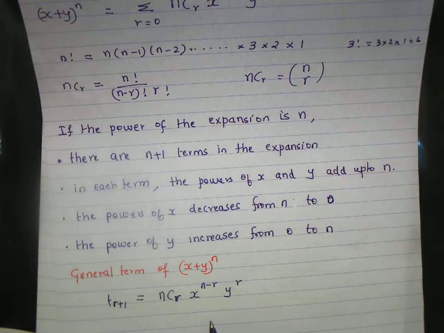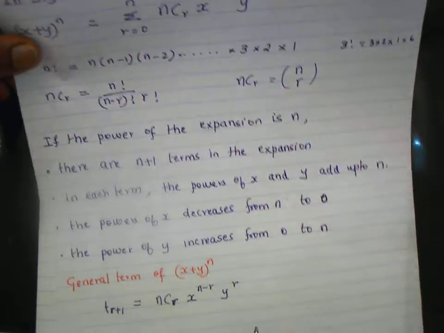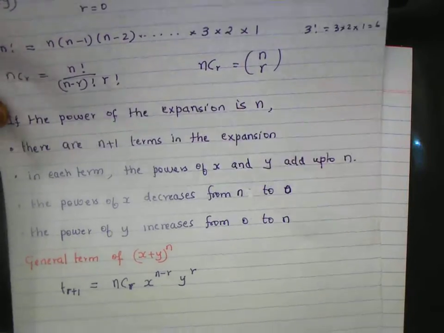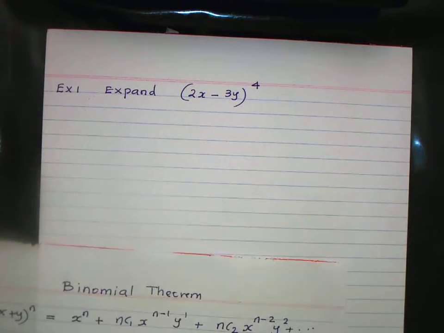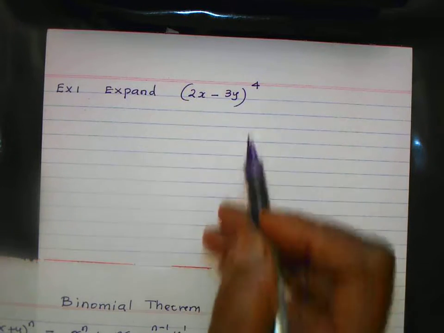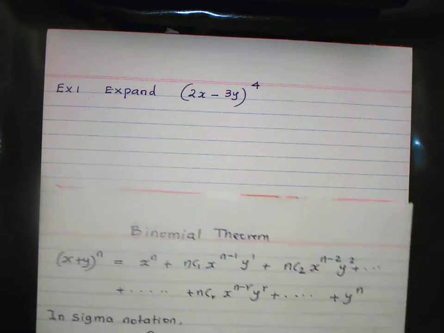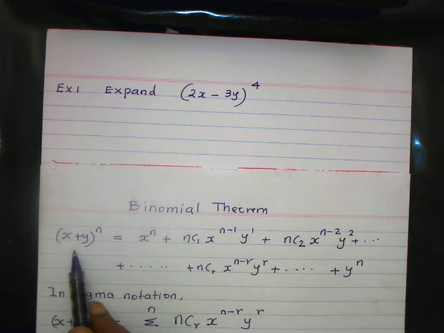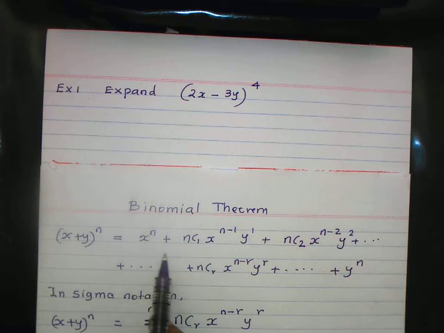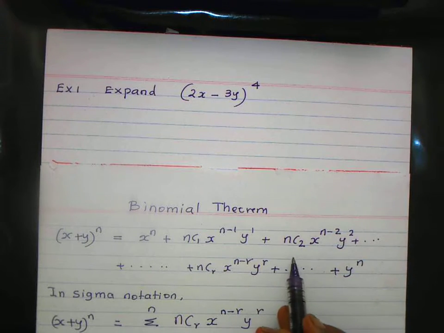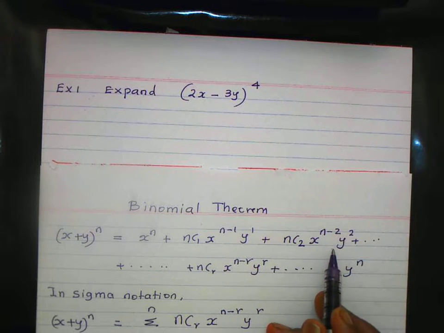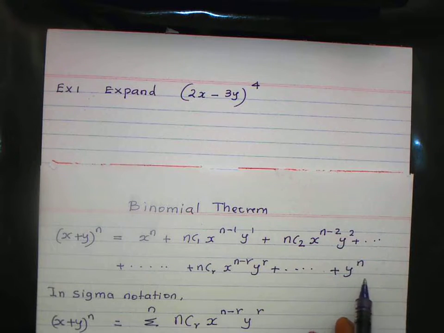Okay, well, let us do a question: how to expand (2x minus 3y) to the power 4 using the binomial theorem. The binomial theorem says (x plus y) to the power n equals x to the power n plus nC1 x to the power n minus 1 y to the power 1 plus nC2 x to the power n minus 2 y squared etc., y to the power n.